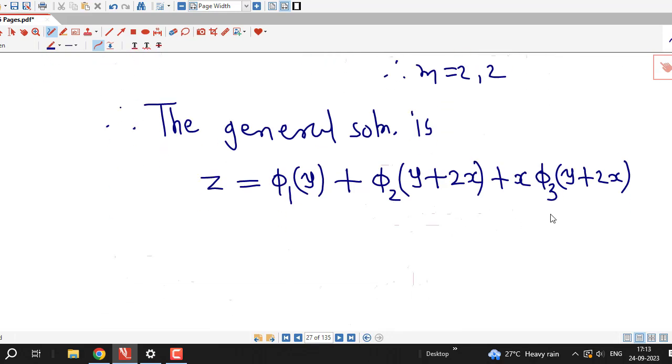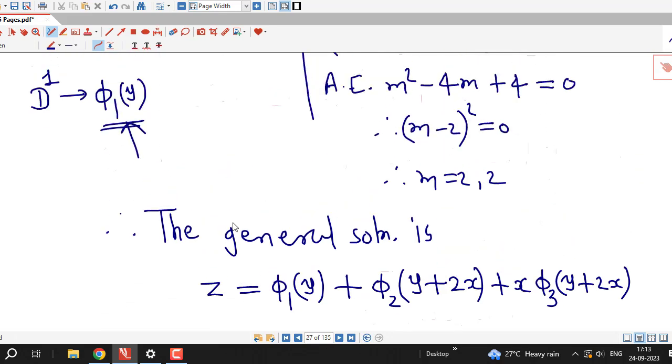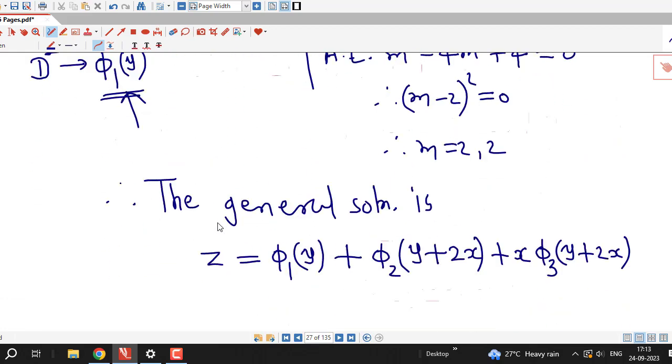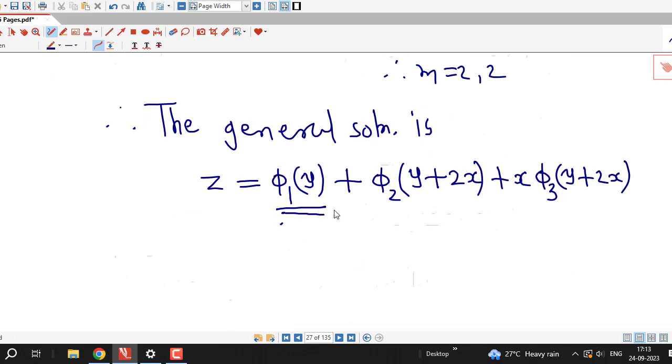Here phi 1, phi 2, phi 3 are arbitrary functions. What is the new thing here? That this left hand side contains in the product a power of D, and corresponding to D we are writing an arbitrary function of y.